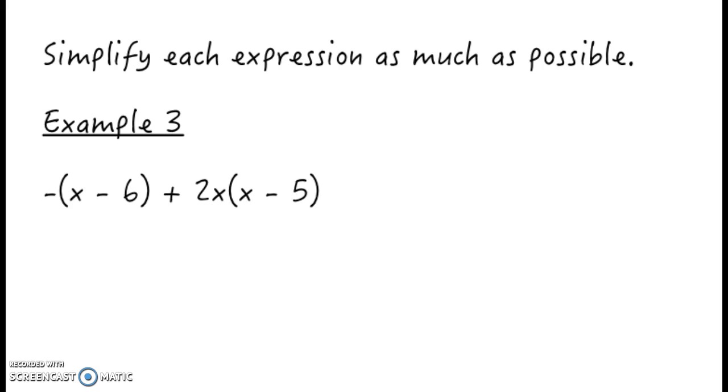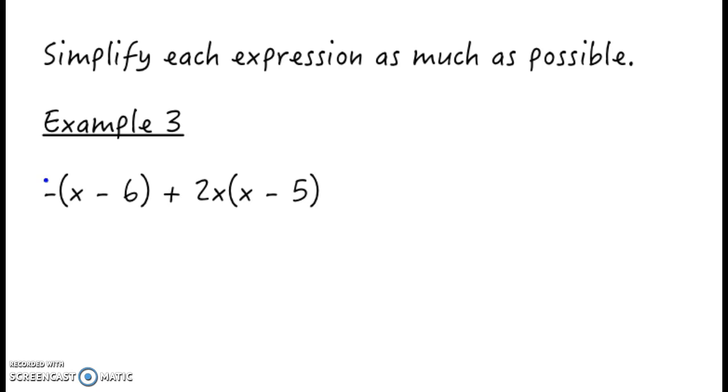Okay, we're going to look at one more, and this problem has like 2 pitfalls that people usually have a hard time with, so we're going to look at them both. So here, I have a negative sign in front of the x minus 6. You've got a couple options.